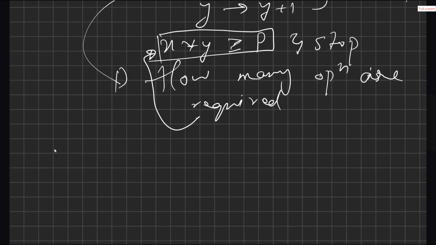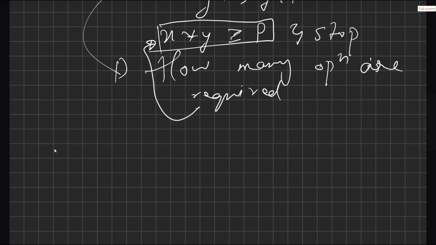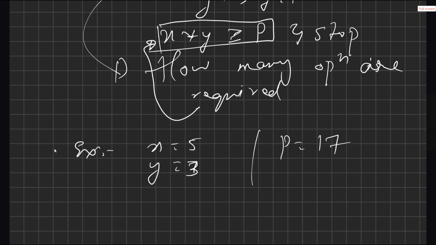This is kind of a greedy problem, I would say. In the example they've given x as 5, y as 3, and the product as 17. Initially, in the zeroth operation, x star y is going to be 15, 5 into 3.